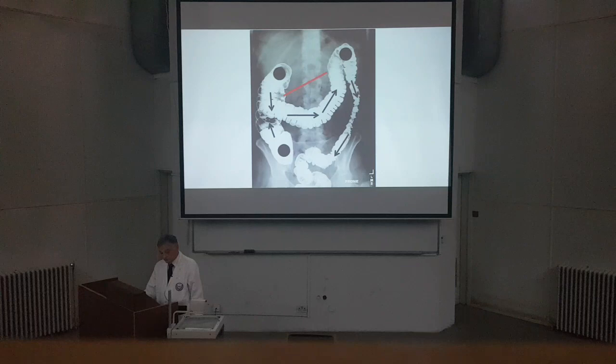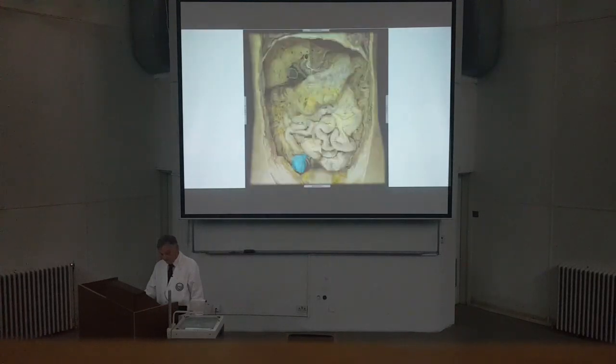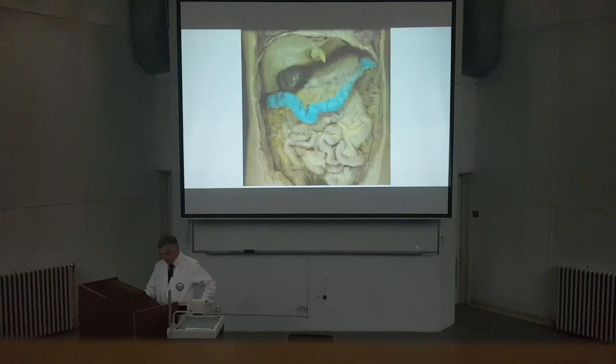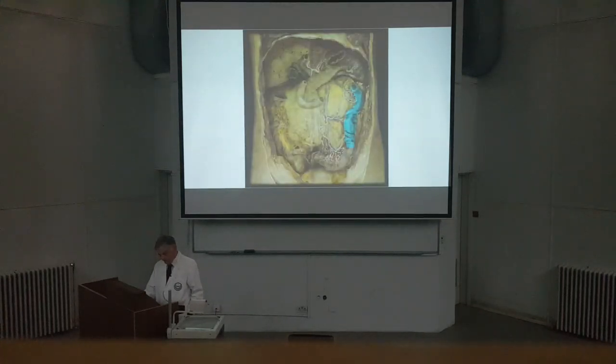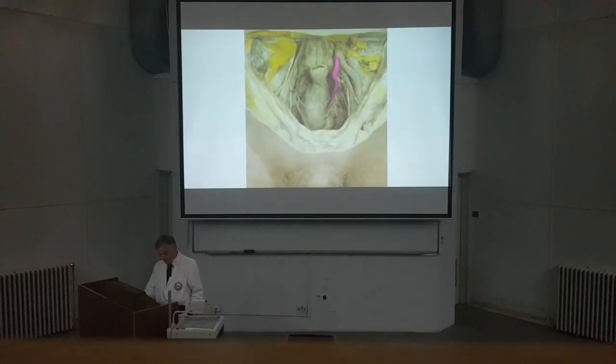Descending colon, then sigmoid, which has a mesentery. This is cecum, appendix, ascending colon, transverse colon, splenic flexure, descending colon, sigmoid, and the rectum. The rectum has two turns to the left.